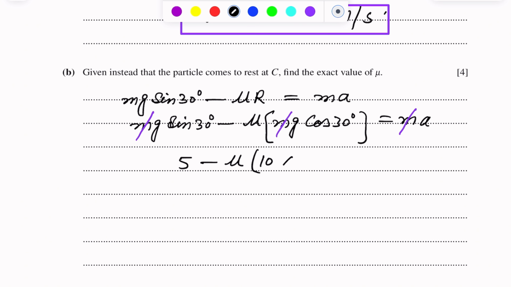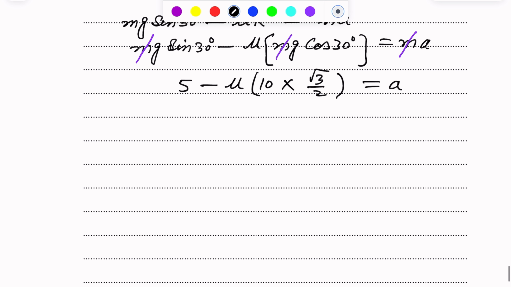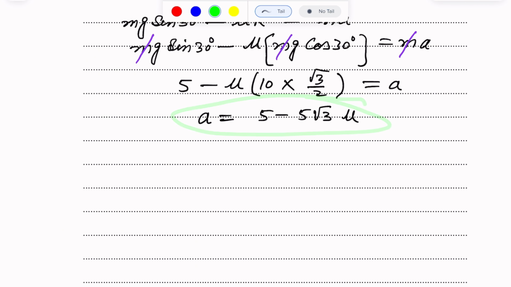G is 10, cos 30 is under root 3 over 2, is equal to a. From here we get a is equal to 5 minus 5 under root 3 mu. This is the acceleration from B to C in this part.